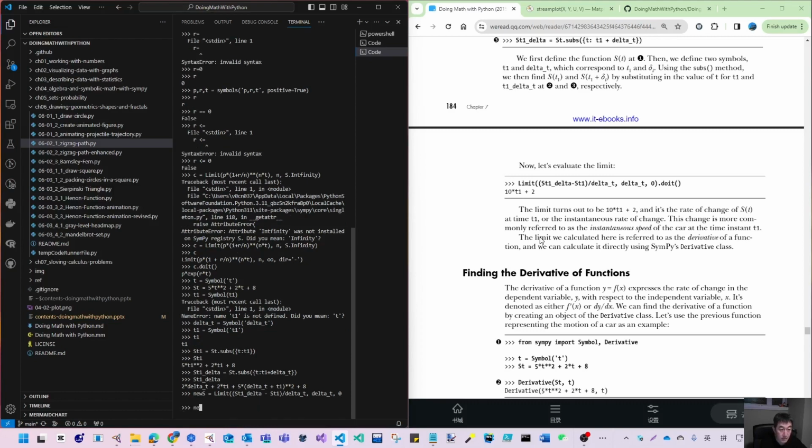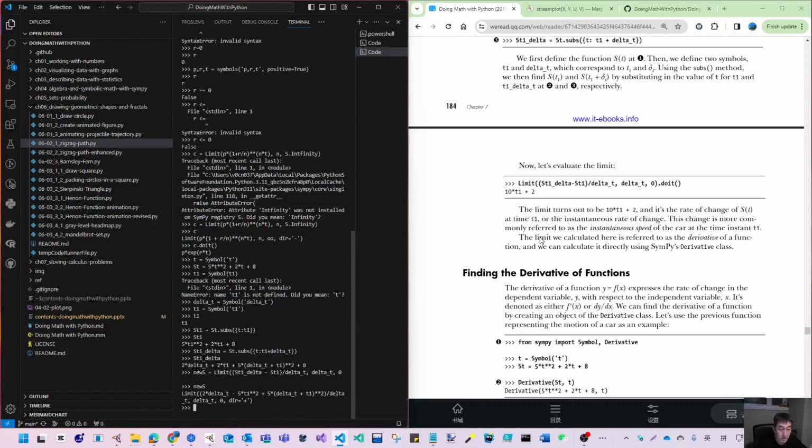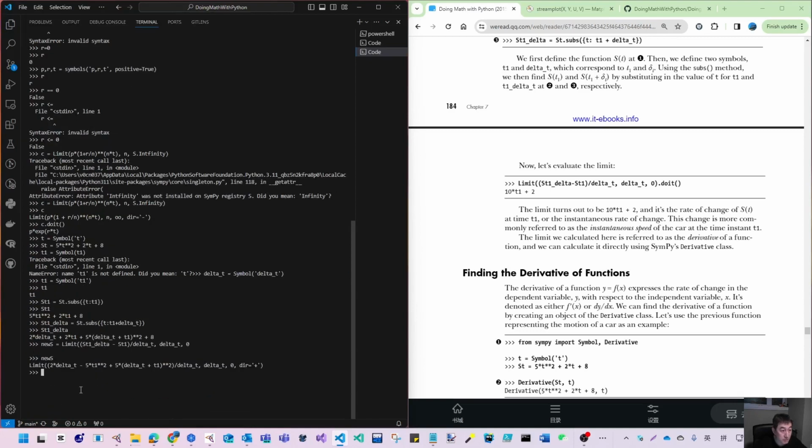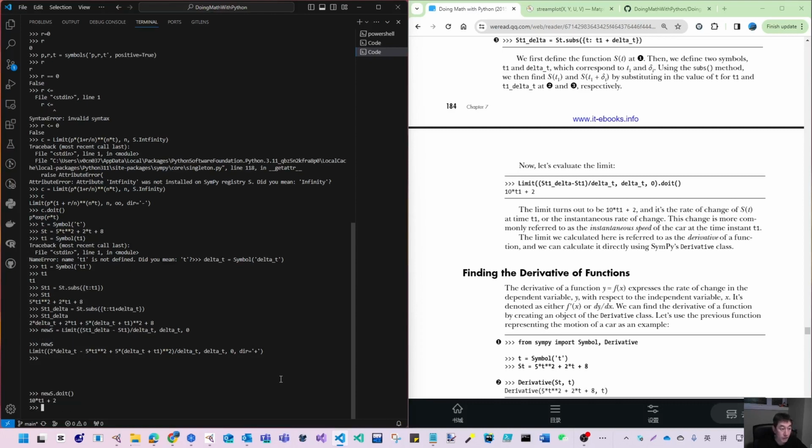So now let's see what the expression looks like. Let me make that bigger. So this is our expression, with delta approaching from the positive side. Then we can do new s.doit, and we will get 10 t1 plus 2. That is the limiting value. So that is another example.